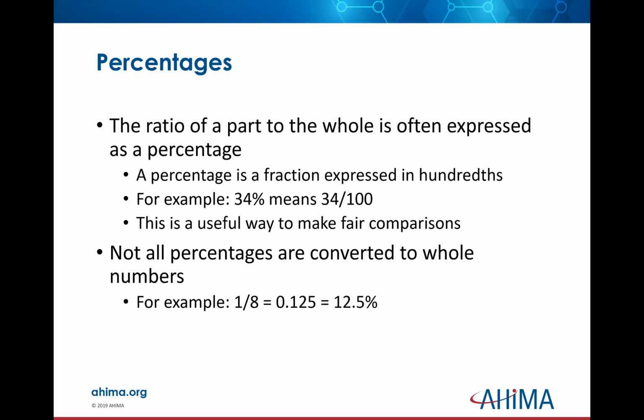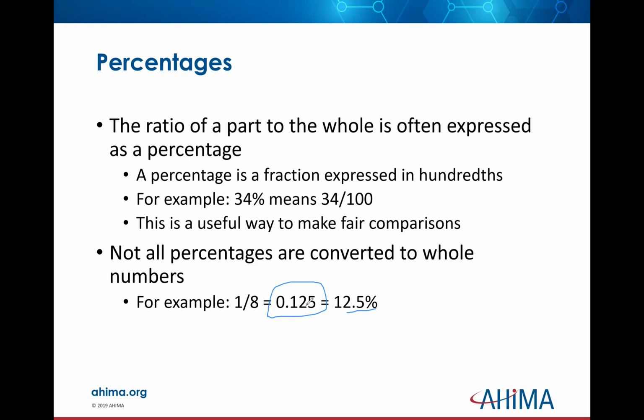Many times, percentages are not converted to whole numbers. So, for example, 1/8, if you divide 1 by 8, you wind up with 0.125 or 12.5%. Note that these are basically the same, right?